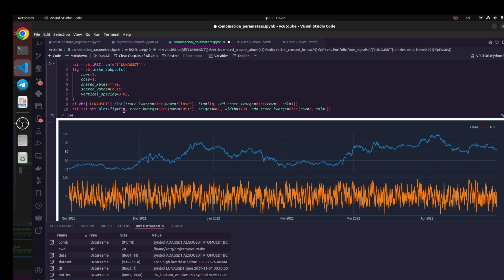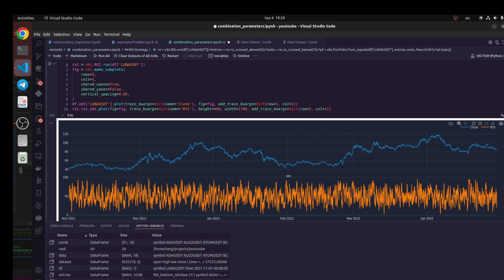We also indicate, and it's very important, fig equals fig, because we want to use the same charts. We merge this data on one chart, and indicate that we are going to place this data below these charts.